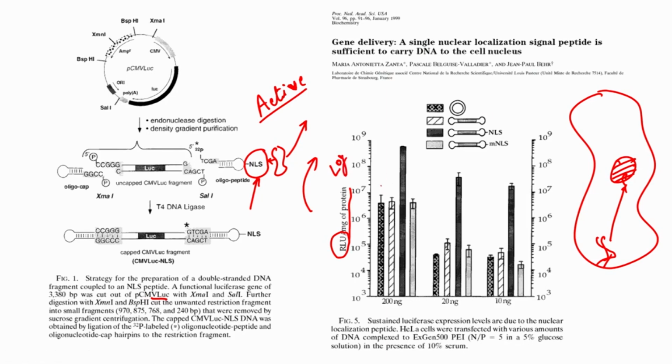You can change the type of plasmid you are using, the conformation of the plasmid, and you do not really get quite a lot of enhancement, but the moment you put an NLS you see quite a big jump in the production. So this is more of a functional assay, looking at the production of the protein.